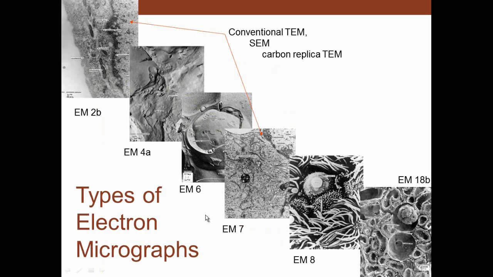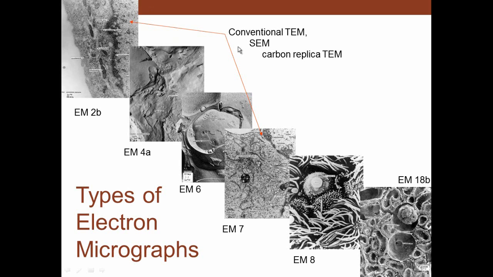Now, there are different types of electron microscopy. The conventional type of electron microscopy is where you have electrons coming down through the specimens, and they hit a screen below, and it's kind of like X-ray. You see a negative component, but this is actually a positive view of the negative image that you see.